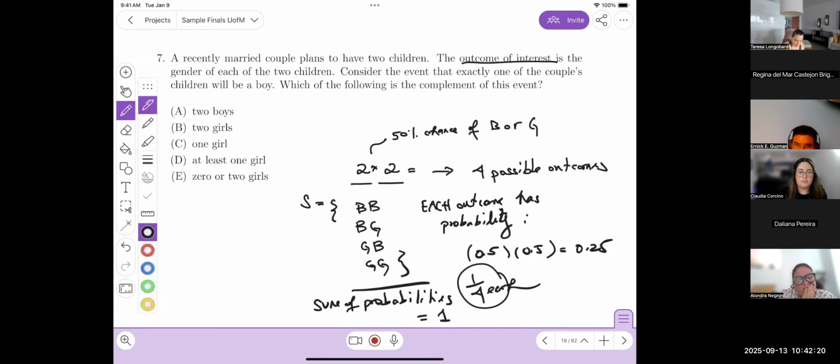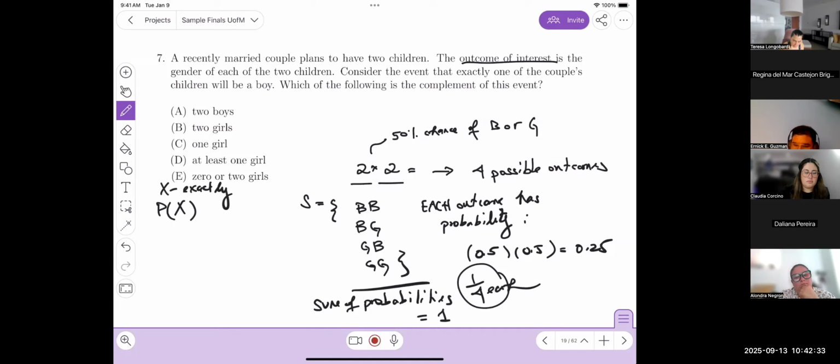So let's make that event. So probability of the event, I'll call it event X. X is exactly one boy. So which one of these is exactly one boy?